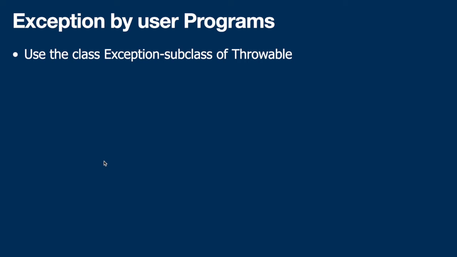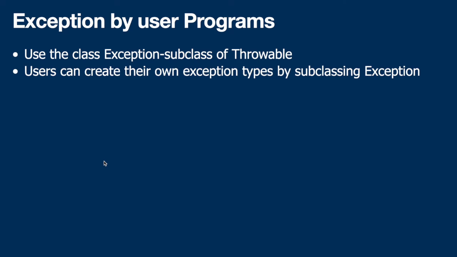RuntimeException is defined in the Java language and has many subclasses, including ArithmeticException and ArrayIndexOutOfBoundsException, and so on. We can also create our own exception types by inheriting from the Exception class. We will see a little later how to do that.